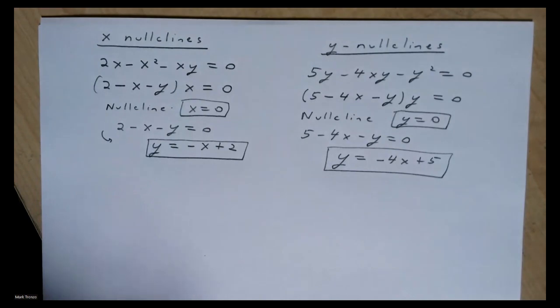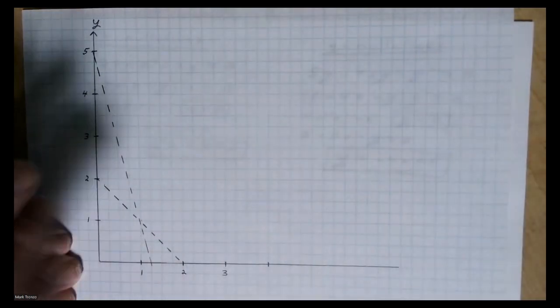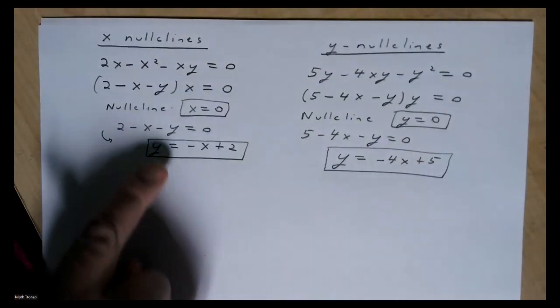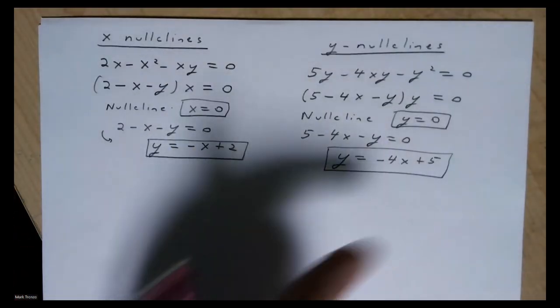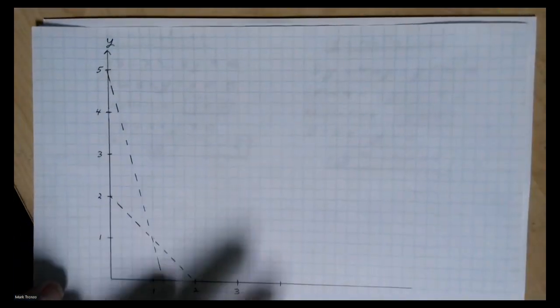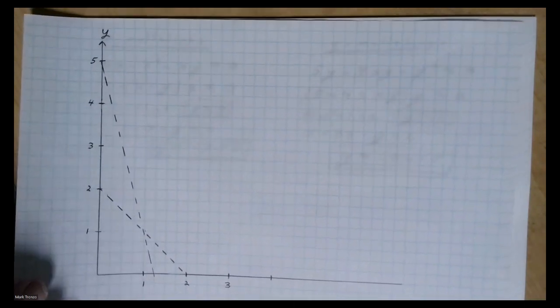Which is what I did. I did it first by hand, and the scale was kind of funny. Obviously, this one is y equals minus 4x plus 5, and this is the other. Then I ended up using the computer to plot them.